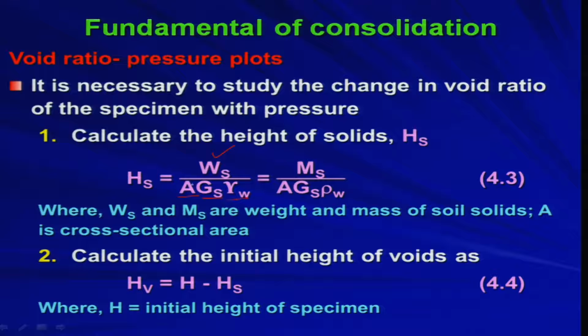So, A into Hs is nothing but the volume of solid, right, and Gs into gamma W will give you the unit weight of solids. So, Ws by A into Gs into gamma W will ultimately give you Hs. We can write further Ms by A into Gs into rho W, where Ms is the mass of soil solids and A, as I told you, is the cross sectional area.